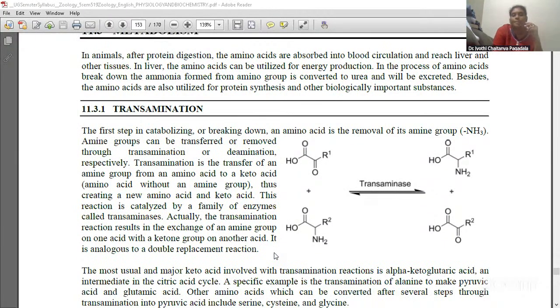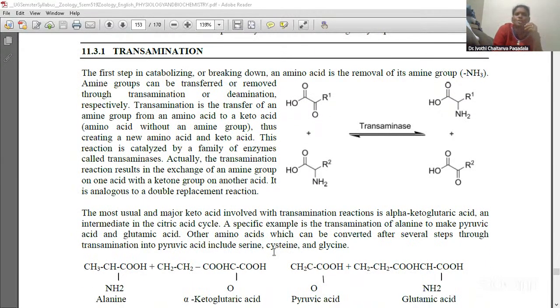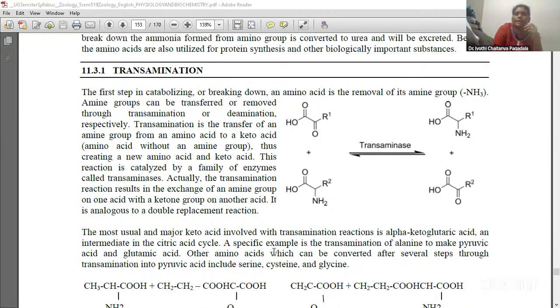Actually, the transamination reaction results in the exchange of an amino group on one acid with a ketone group. Here the ketone group is C double bond O on the other acid. It is analogous to a double replacement reaction. The most usual and major keto acid involved in the transamination reaction here is alpha ketoglutaric acid.